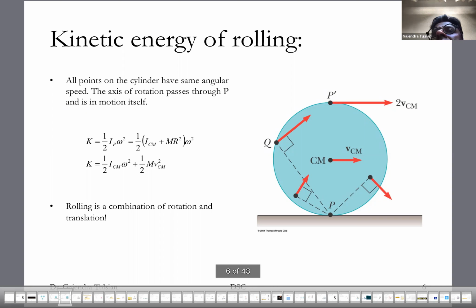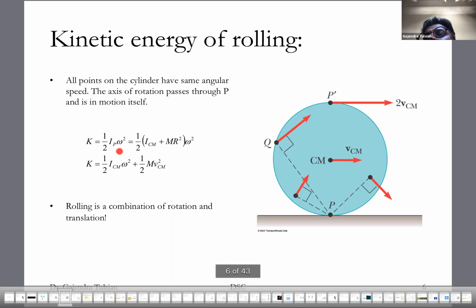All right, so this slide, we've been saying that rolling motion is pure translation and pure rotation. This is showing you the kinetic energy of the rolling wheel as a sum. This is pure rotational energy, and this is pure translational energy.